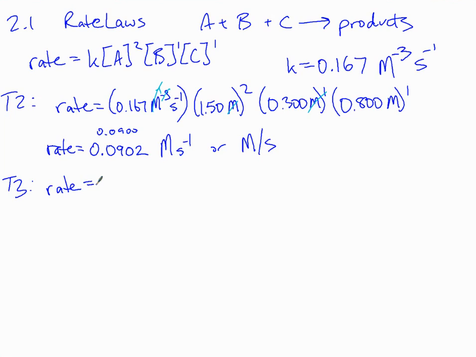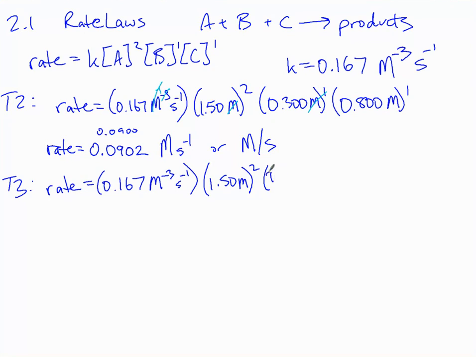So for trial 3, we're going to set it up in the same way. Rate equals, here's our K, 0.1666666 repeating. Concentration of A, 1.50 molar. Square that one.